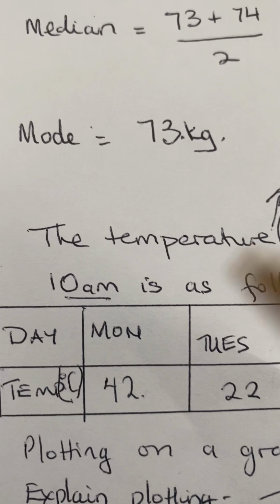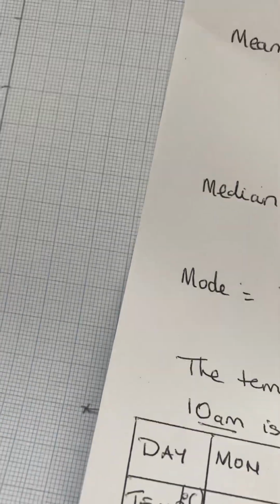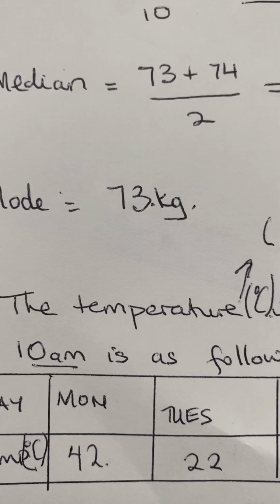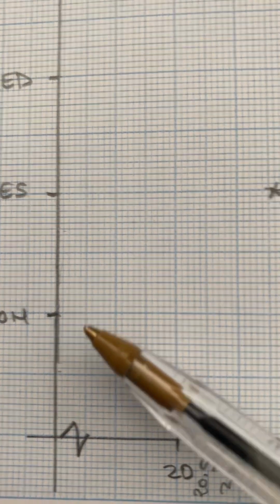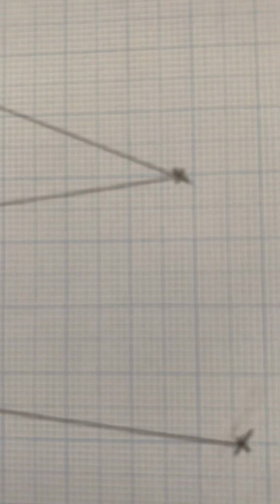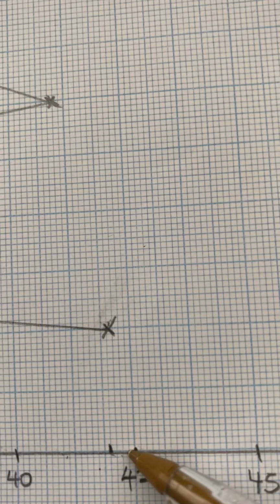So on Monday, the temperature recorded was 42 degrees Celsius. So there is Monday on my graph, and so I come to the x-axis and I need to look for 42. Now you remember 4 boxes, so if this is 42.5, then we take away 4 boxes.